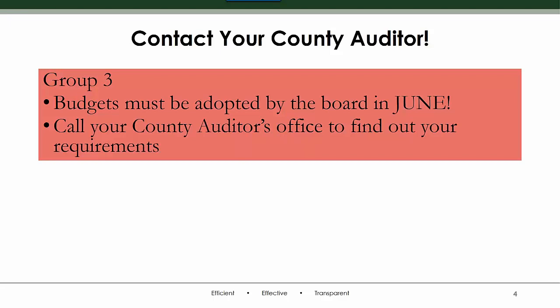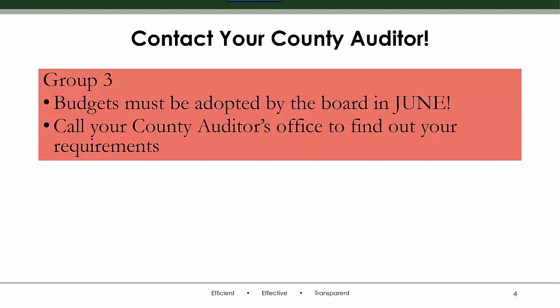So I always got that adopted in June, simply because if at the June meeting we didn't get a quorum, because, well, we're in the middle of a pandemic and that's been happening, then you're going to have to reschedule the budget hearing, and you don't always get additional time.